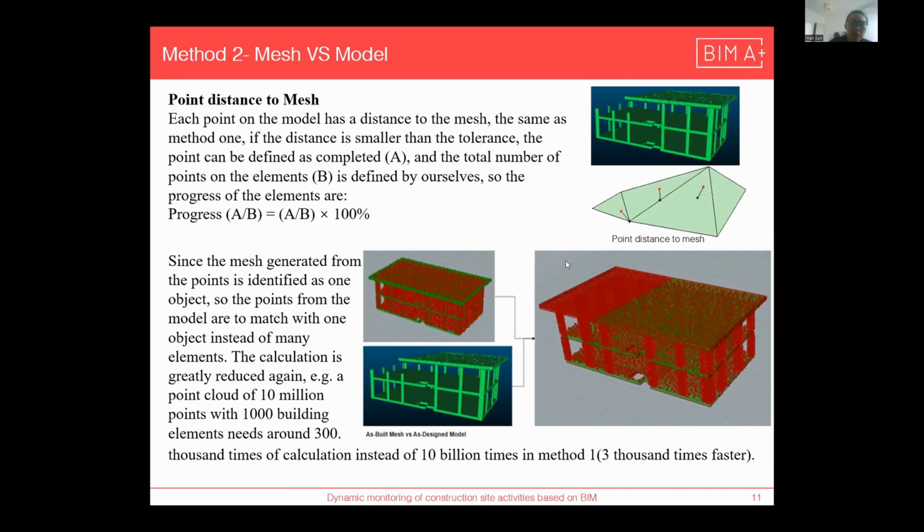For example, using the same example as before, a point cloud with 10 million points and 1,000 building elements needs around 300,000 calculations instead of 10 billion calculations in method one, which means 3,000 times faster.